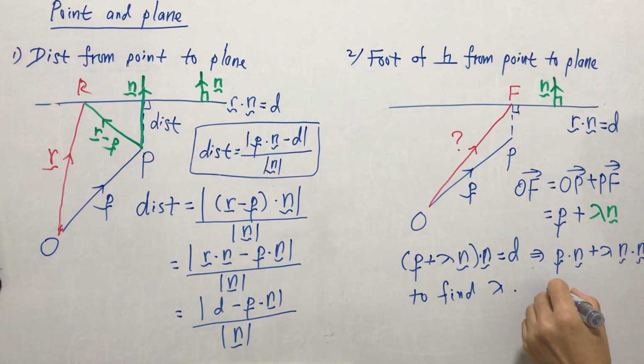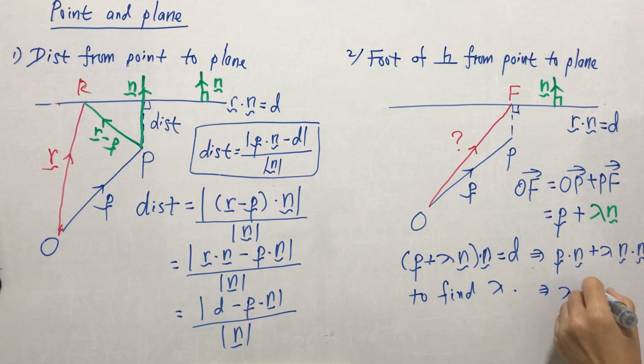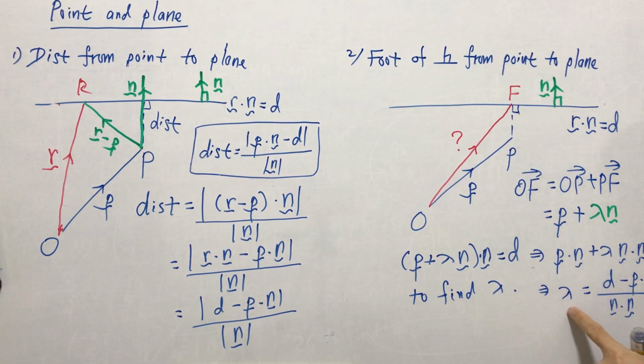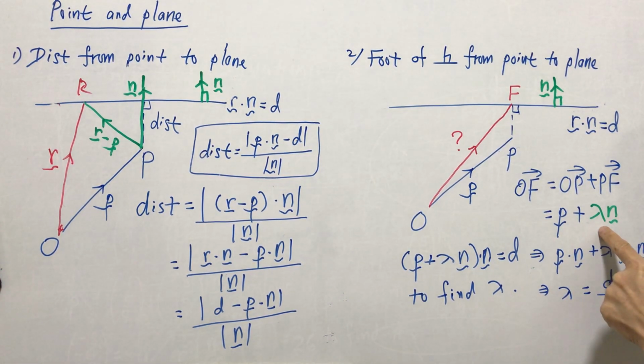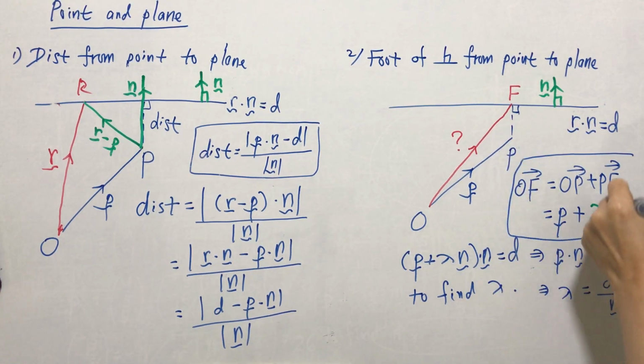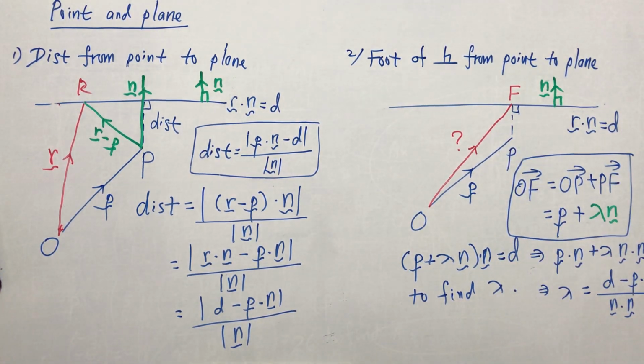And then you can find your lambda as equals to p dot n divided by, and with the value lambda found, you just plug it inside here, you will be able to get the vector OF, and that is actually the foot of a perpendicular from the point P to the plane r dot n equals d, and that's it.